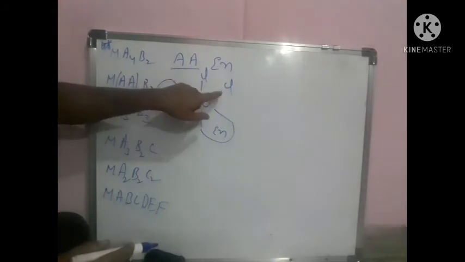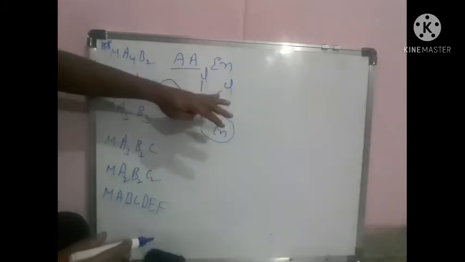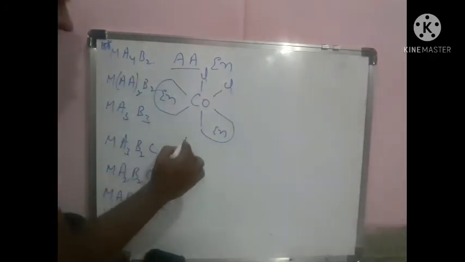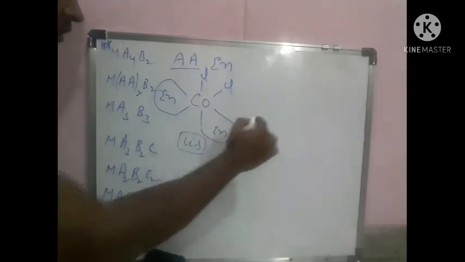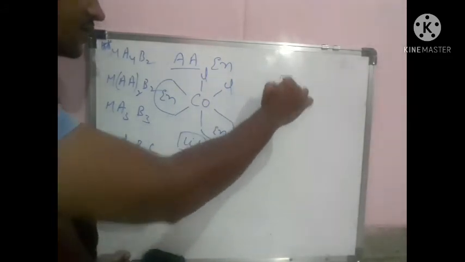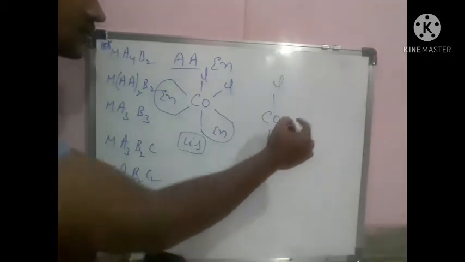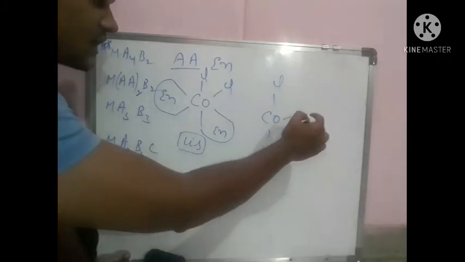Here the chlorine is present in the same phase, so it is called cis. If the chlorine is present in the opposite phase, then it is called trans.